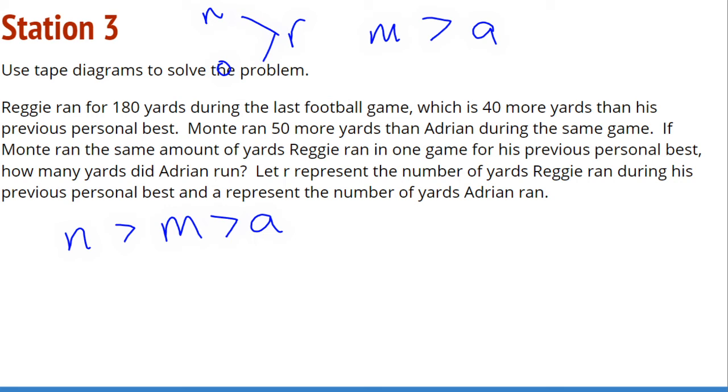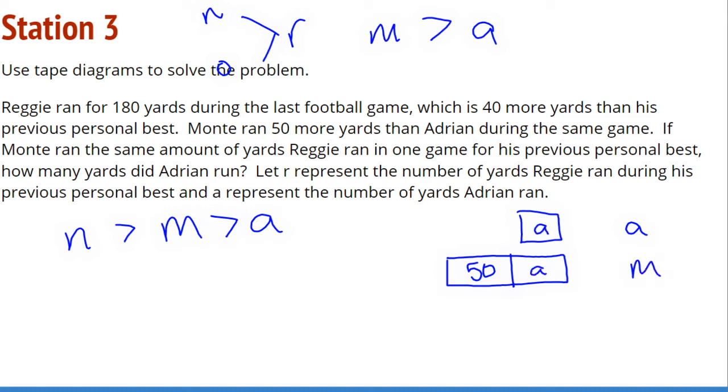All right, so Adrian here is going to be my small building block. And I know that Monty ran 50 more than Adrian. So Monty ran everything Adrian ran, but then he ran 50 more.